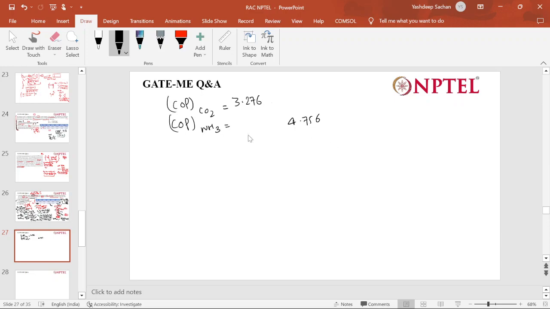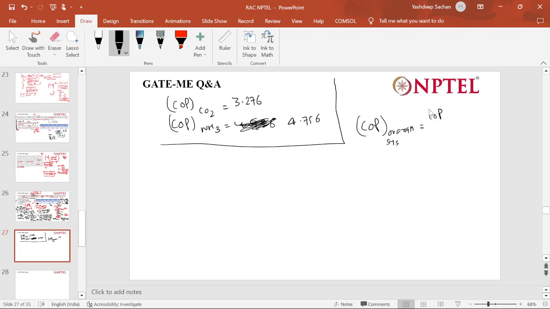Okay. So can anyone remember the formula? What is the COP of the overall system? COP of 1 into COP of 2 by 2 plus COP of 1 plus 1 into 2. So what is this?